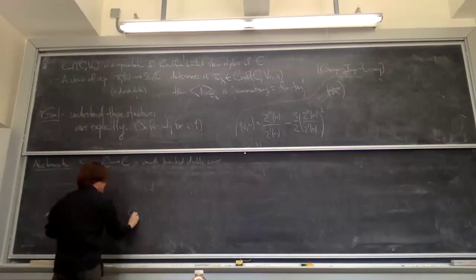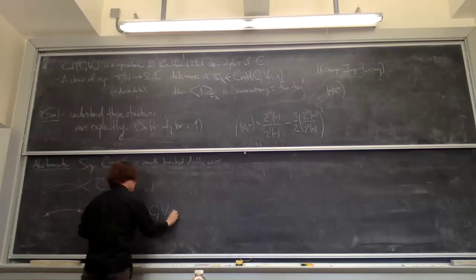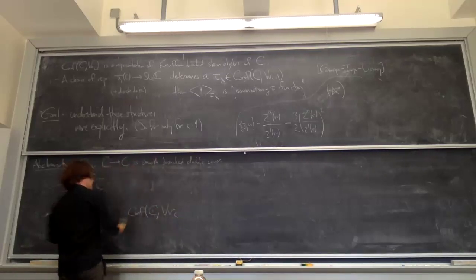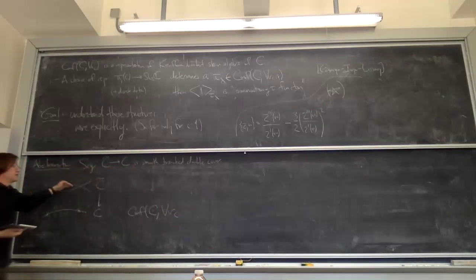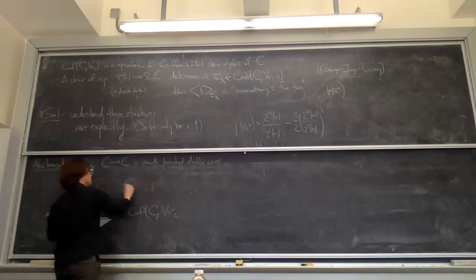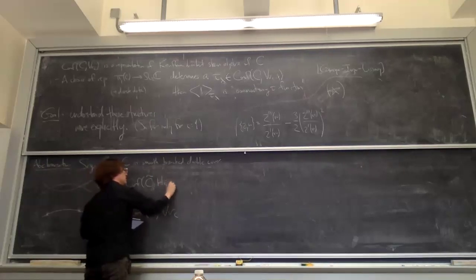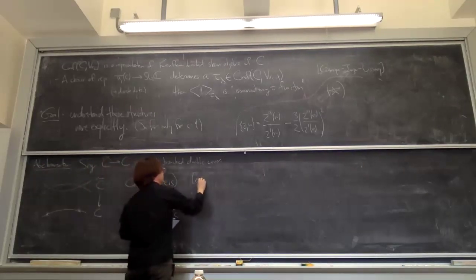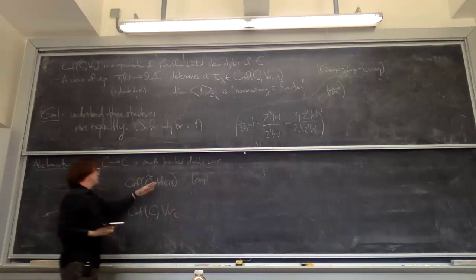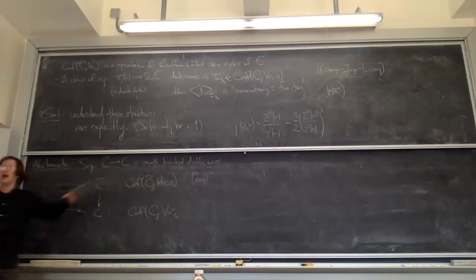So here we have the space that we want to understand, the conformal blocks for Virasoro. And the idea is going to be to relate it to the conformal blocks here for the Heisenberg. This is the one that I told you is easy, in the sense that I can construct a whole pile of conformal blocks here.